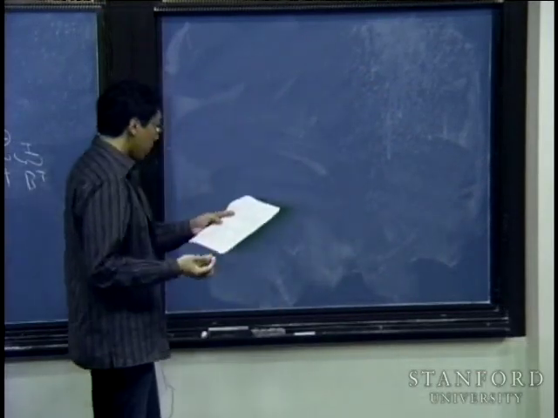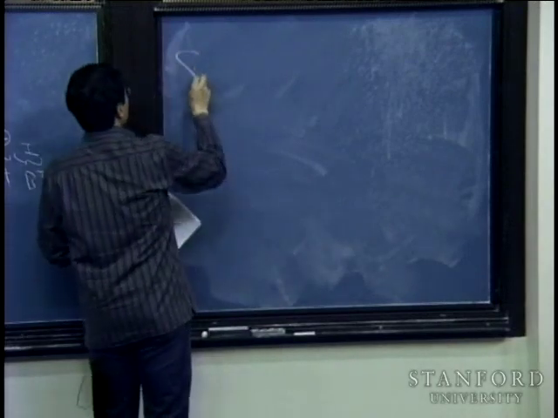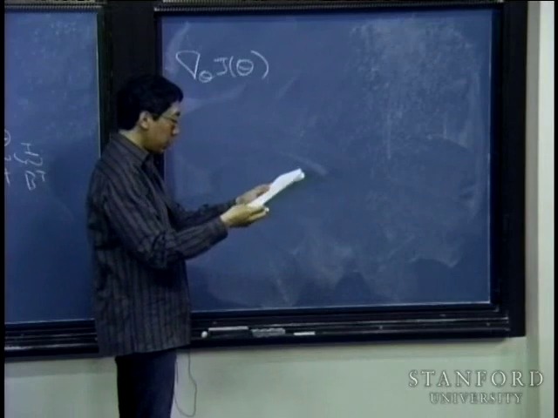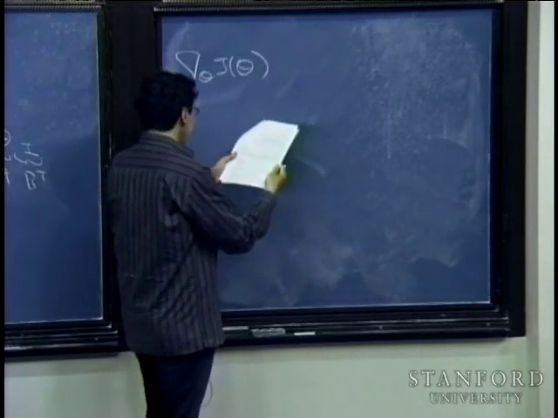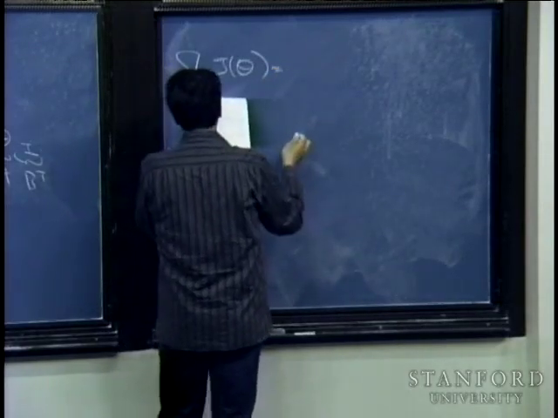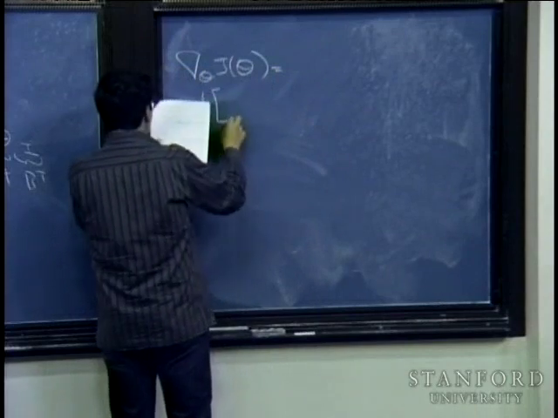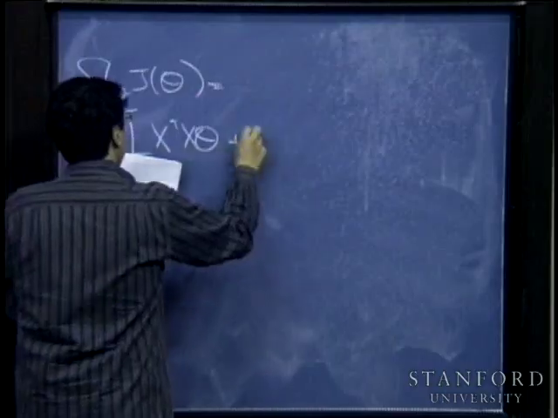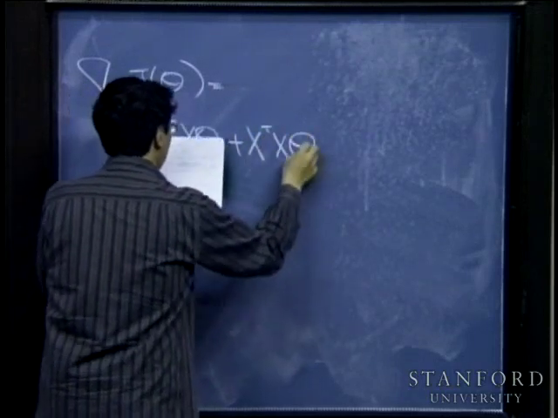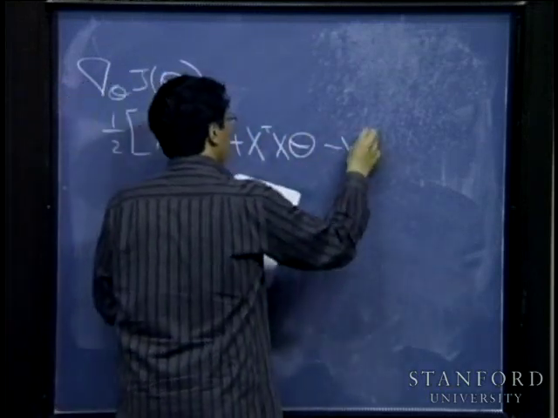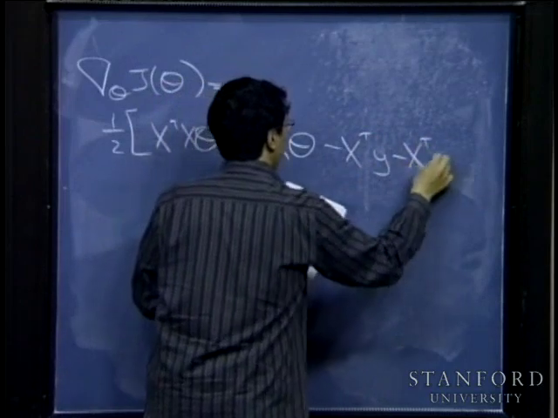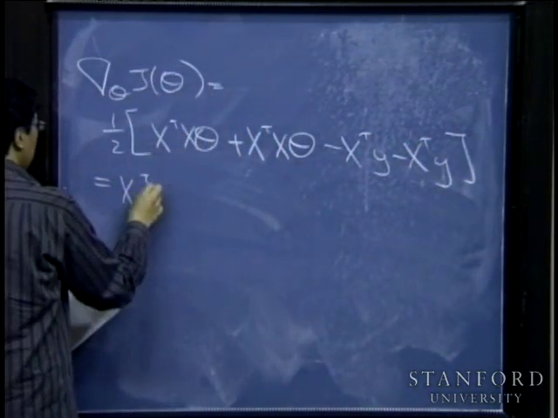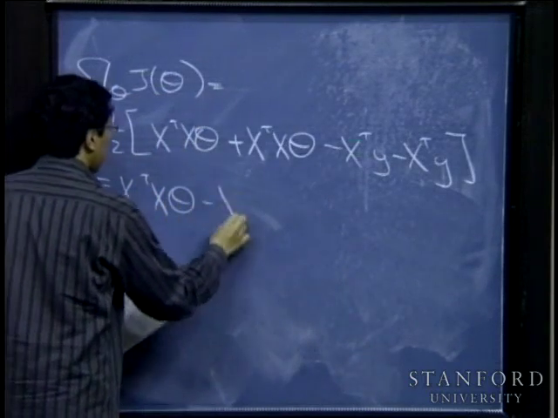So if you plug this back into our formula for the derivative of j, you find that the derivative with respect to theta of j of theta is equal to 1/2 x transpose x theta plus x transpose x theta minus x transpose y minus x transpose y, which is just x transpose x theta minus x transpose y.